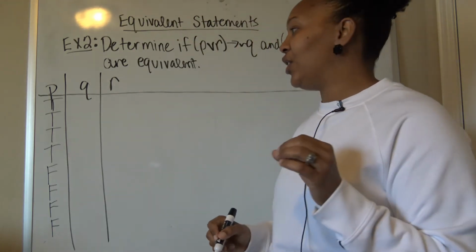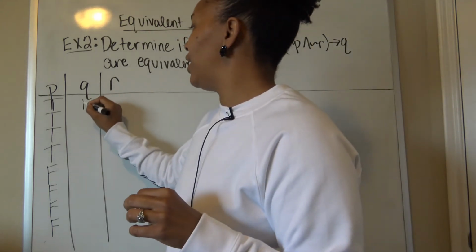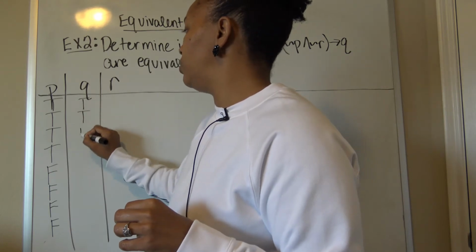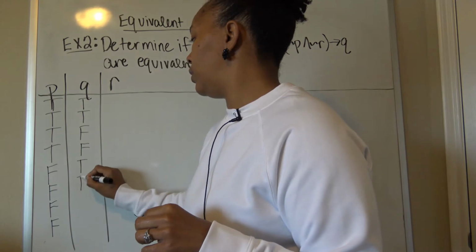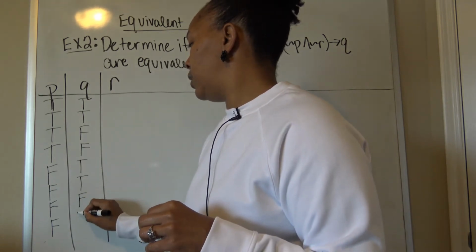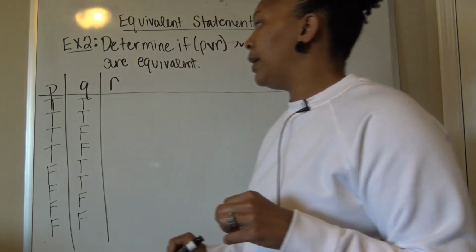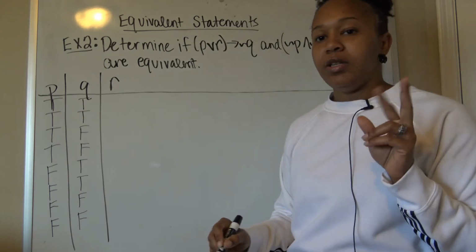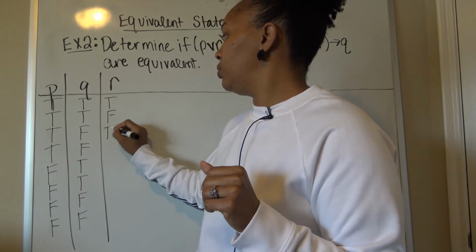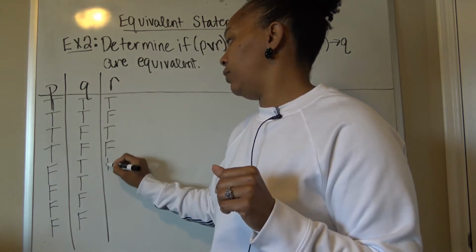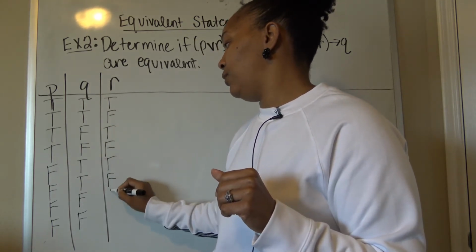And then your second column alternates every 2 times. So true, true, false, false, true, true, false, false. And then your third column alternates every 1. So true, false, true, false, true, false, true, false.